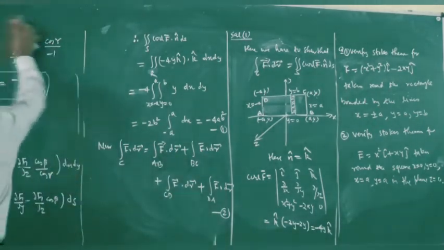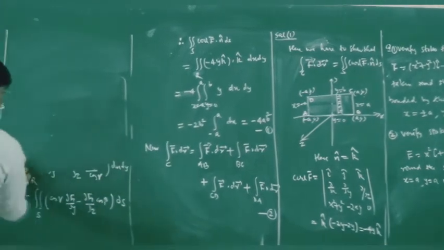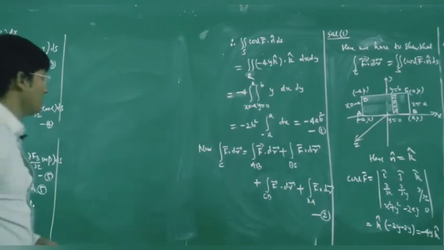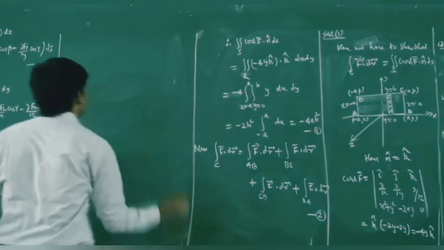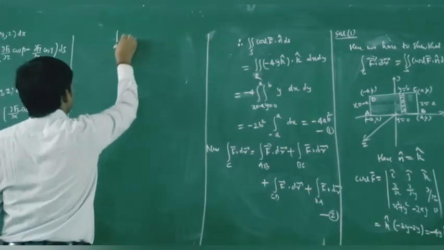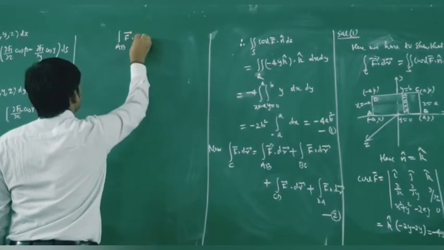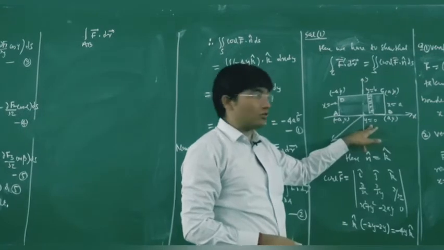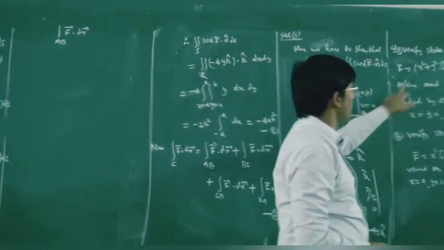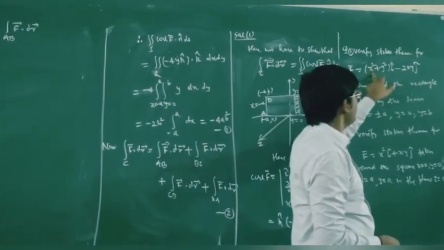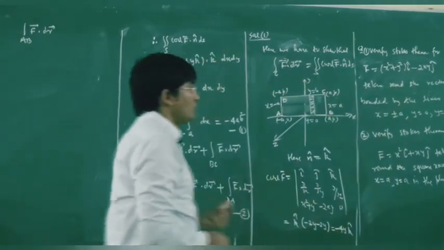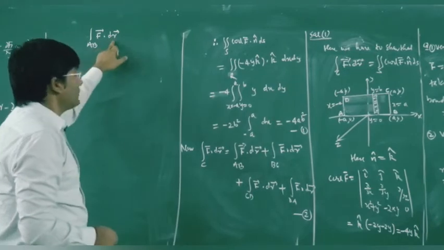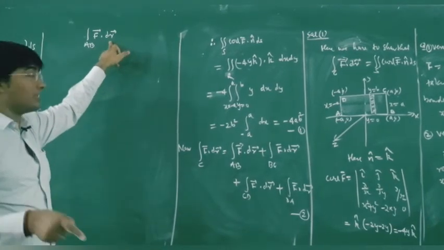Now for the first line integral AB, f dot dr, for this line integral, you can see that our y is 0. Now if you put y equal to 0 here, then you can see that your f is just x square into i. So your f is x square into i, and your dr will be dx i plus dy j plus dz k.